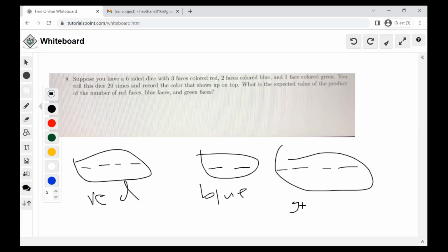So what does it mean to take the product of the number of red, blue, and green faces? Well, that means that we're just finding the number of triples of faces where one is red, one is blue, and one is green.